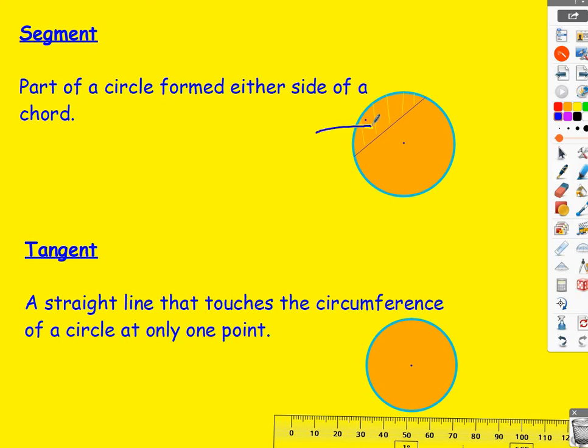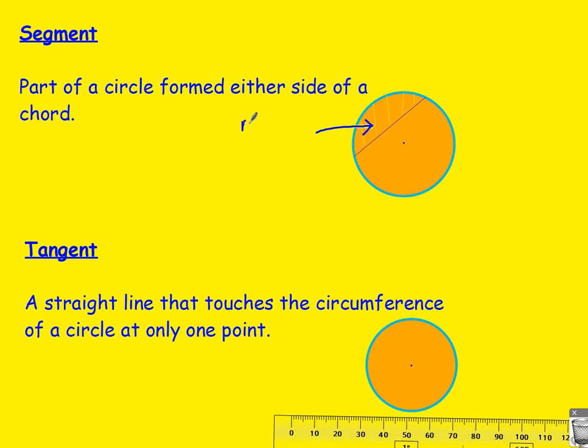The smaller segment then is the minor segment. And the larger segment, this side here, would be the major segment. So the segment is the part of the circle either side of the chord. Chord being the line we've drawn through the circle.